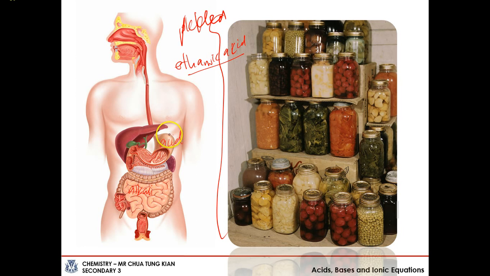It is because the enzymes in these two areas have different optimum pH values. The enzymes in the stomach work better when it is acidic. The enzymes in the small intestine work better when it is alkaline. You can read up more about this in the human digestive system or the alimentary canal topic in biology.